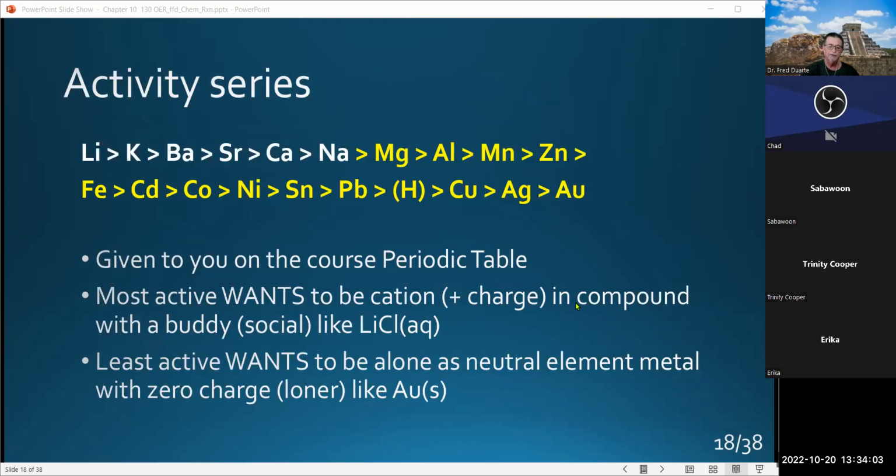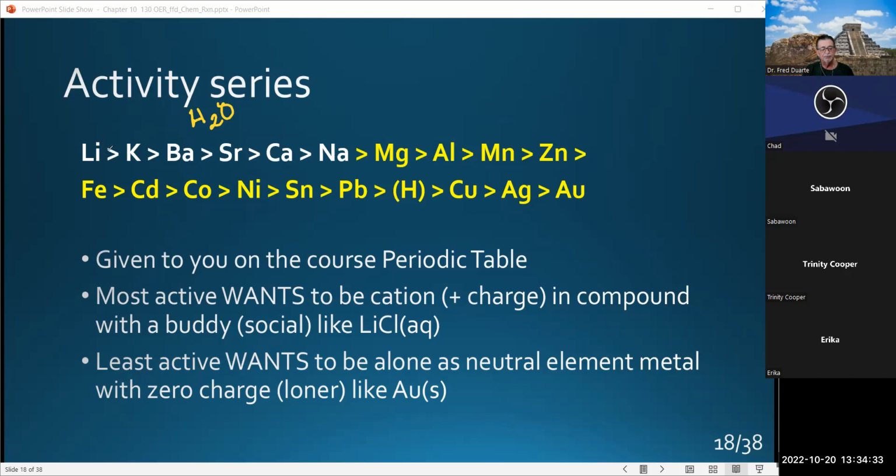So here's the activity series. It's on the periodic table. You'll see the first set, the first 1, 2, 3, 4, 5, and 6. Those are the most reactive metals. They are so reactive that if I simply put these metals in water, they would literally explode and react violently.